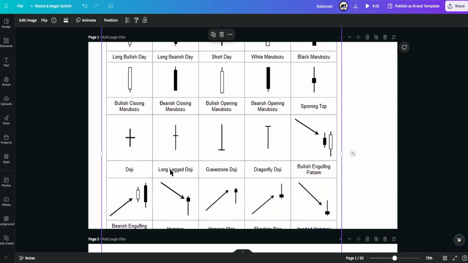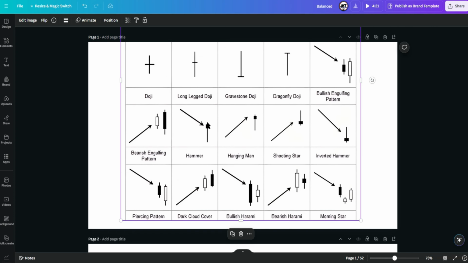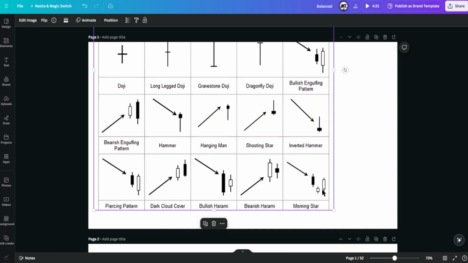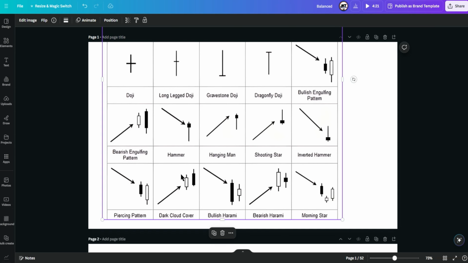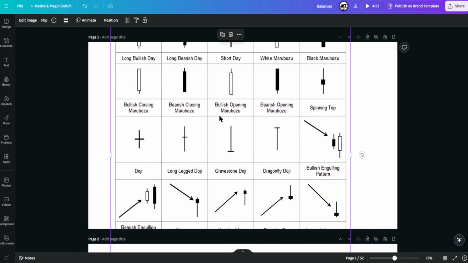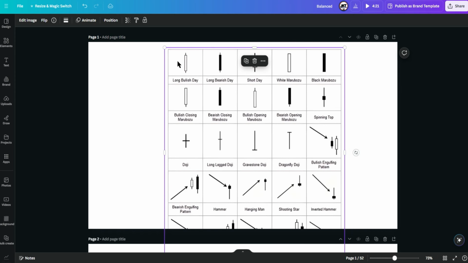They just have different names like long leg doji, gravestone, dragonfly, hammer candle. That's a hammer right there. Hanging man, shooting star, inverted hammer. Then when you have a little doji in between there, you have a morning star, and then you get into more patterns. They have patterns that are 2 to 3 candles, but I don't think you necessarily need to learn all of those.